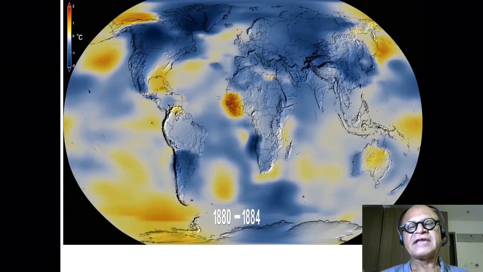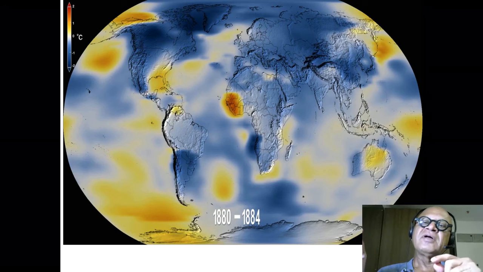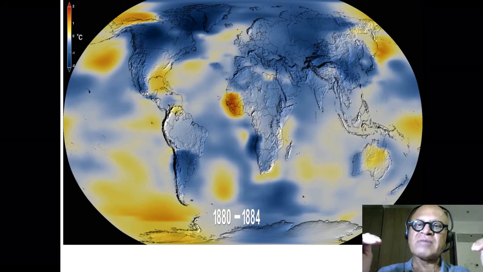The next one is good because this shows the patterns of warming. So it's showing every 5 years starting in 1880. So 1880 to 1884. When we looked at the global mean, we said the decadal temperatures and the yearly temperatures were below the long-term average.